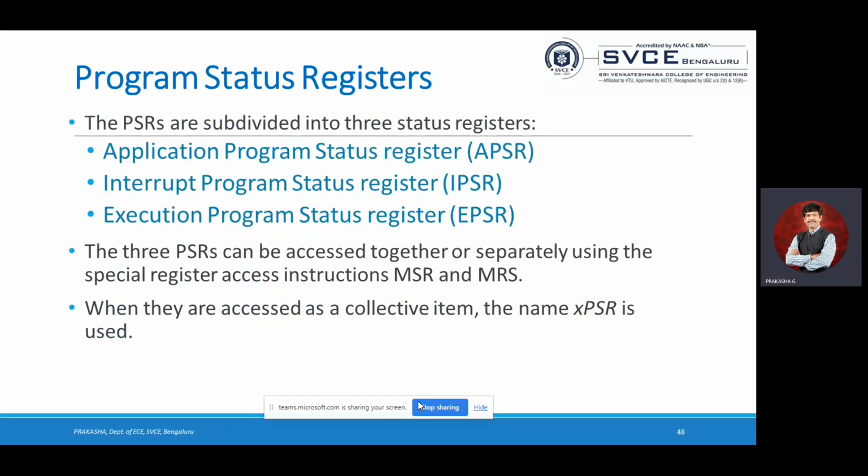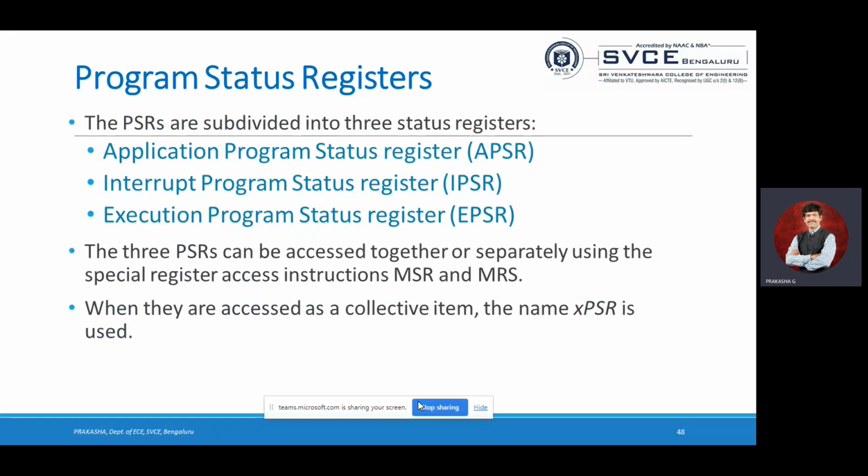Now let us see one of the important topics of Cortex, the program status register. As I said, it will give you the entire details of the current status of the program. The PSR is subdivided into three status registers.